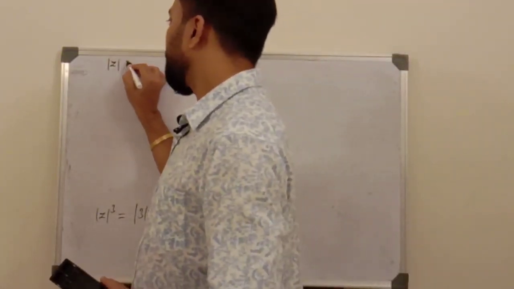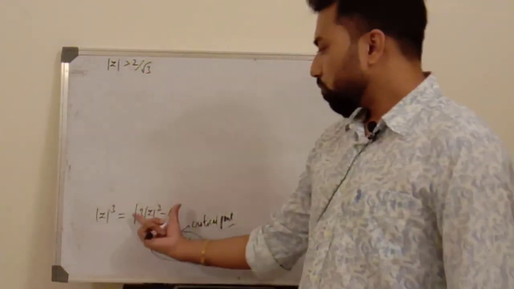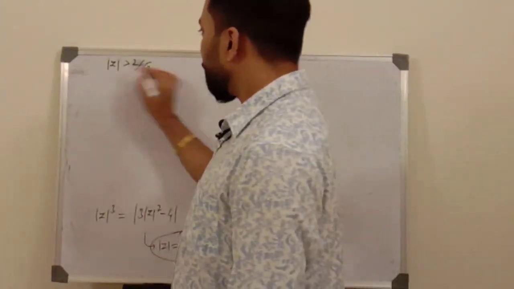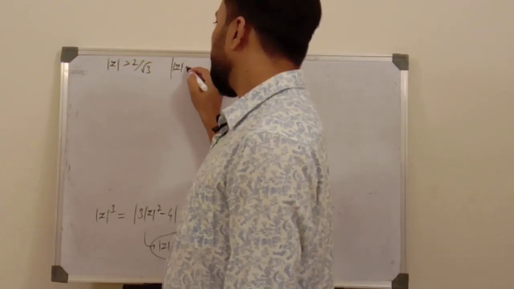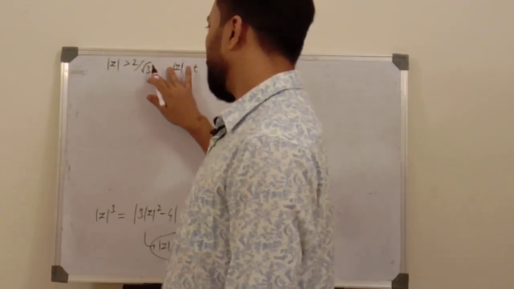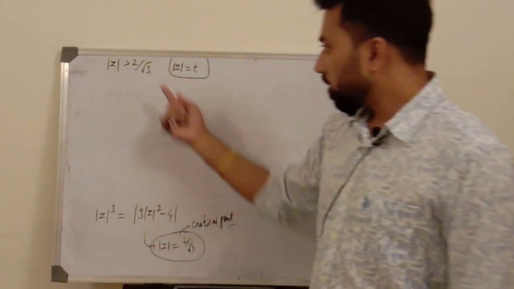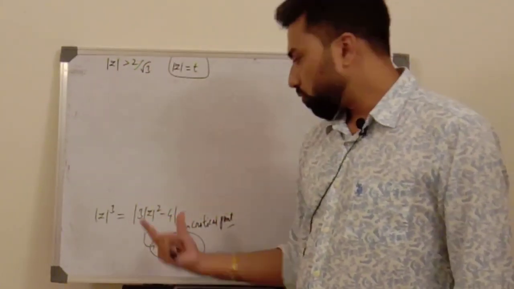This modulus will open with plus sign, right? And let's say we are taking modulus of z is equal to t. I'm assuming it's a real number, I'm assuming this to be t. So for this case, the outer modulus will open with plus sign.